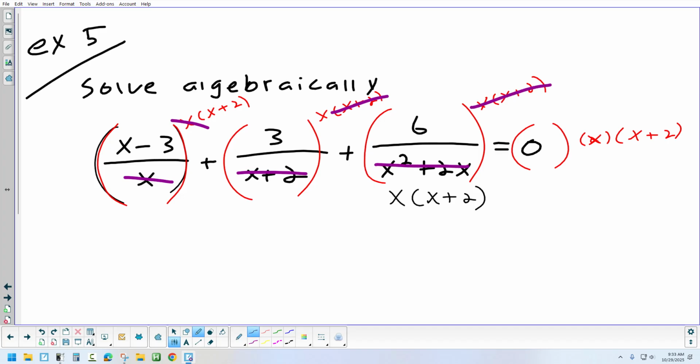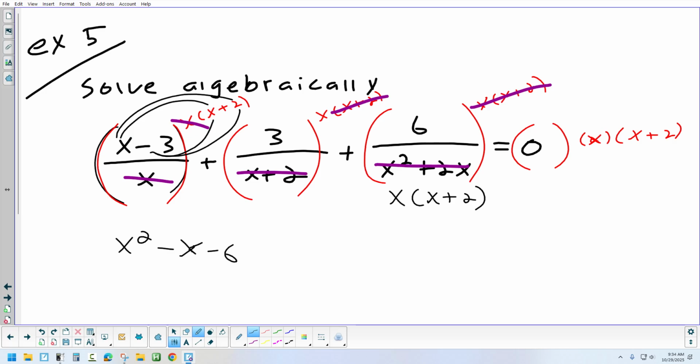And now we do what we have left. So the first one, that's a distributive. So you're going to end up with x squared plus 2x minus 3x, minus 6. Negative 3 times 2 gives you negative 6.